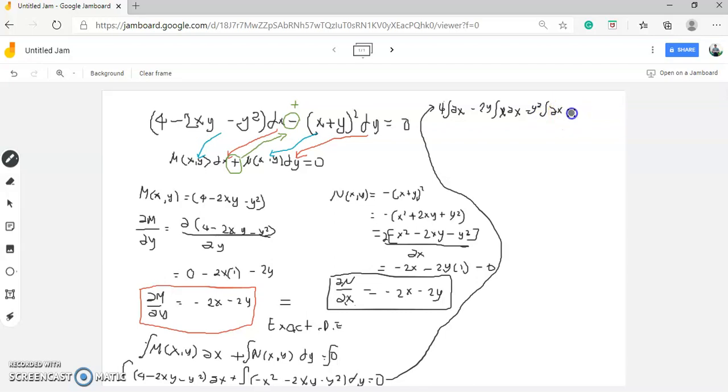So not minus, so we have here this is dy, so we don't consider it as a constant because this is not a partial, this is a total integration.